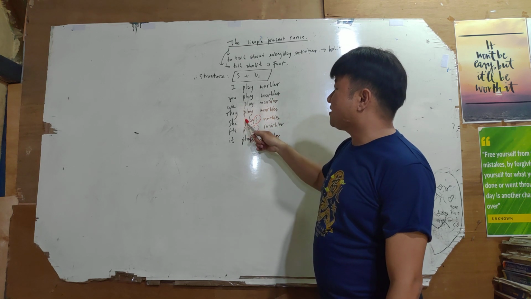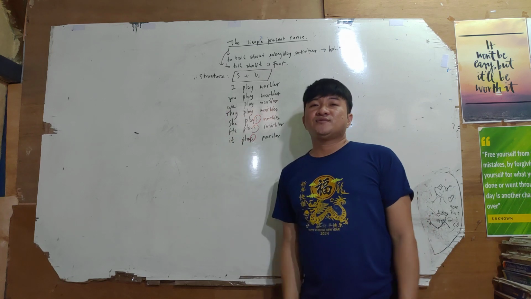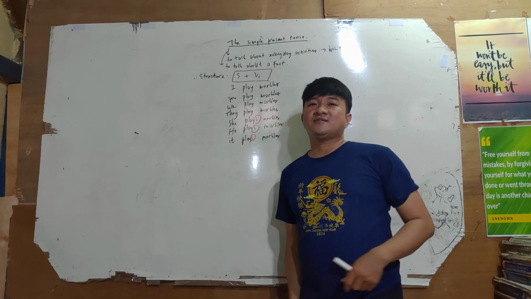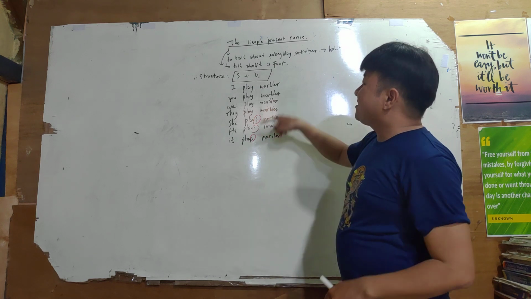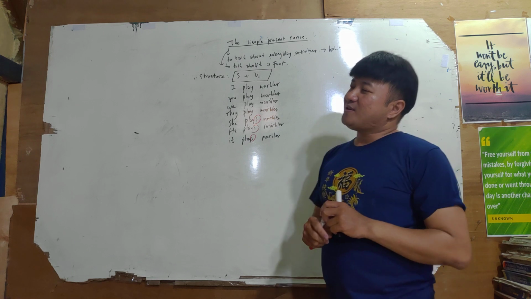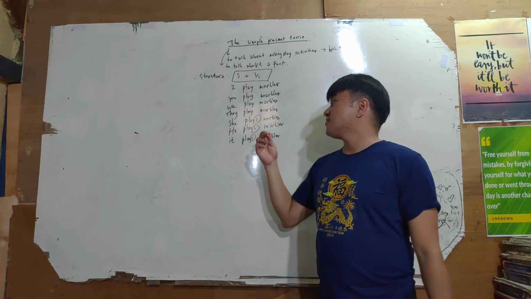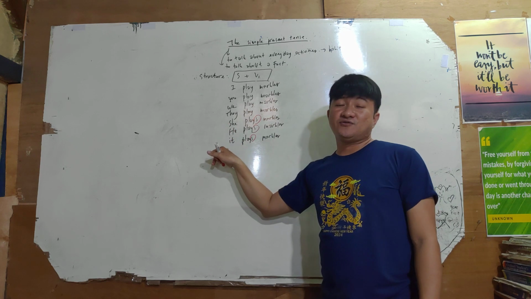So play becomes plays. Now sometimes we place es too, like go, goes, like that. Okay, it depends on the verb. Okay, this is the thing to remember, because most of my students always forget to add s when the subject is he, she or it.